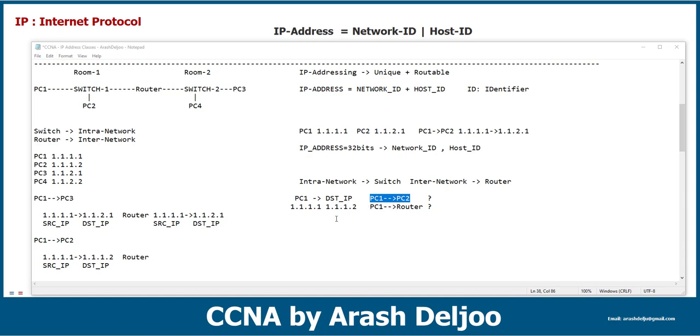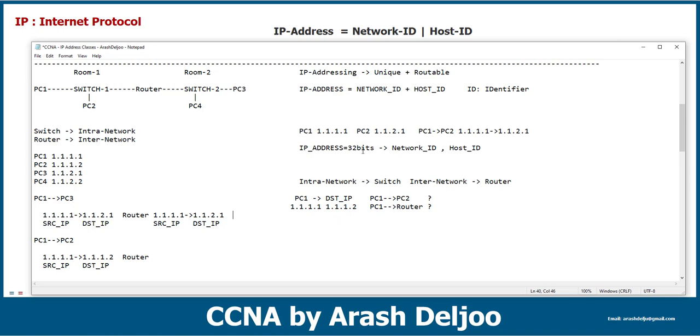Because of that, it is so important for PC1 to understand the network ID of one IP address, and after that it can compare the network ID of its IP address with the network ID of the destination IP address. If these two network IDs are the same, the traffic can be forwarded directly from PC1 to PC2, and if the network IDs are different, the traffic is forwarded to the router for forwarding.